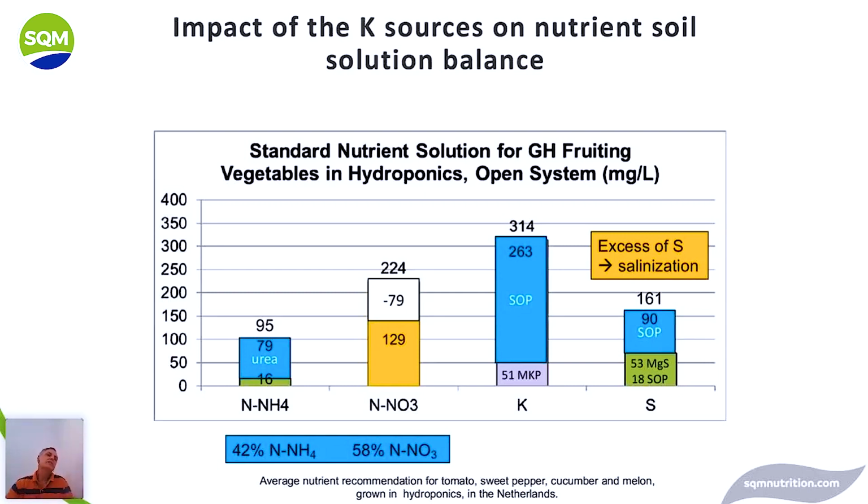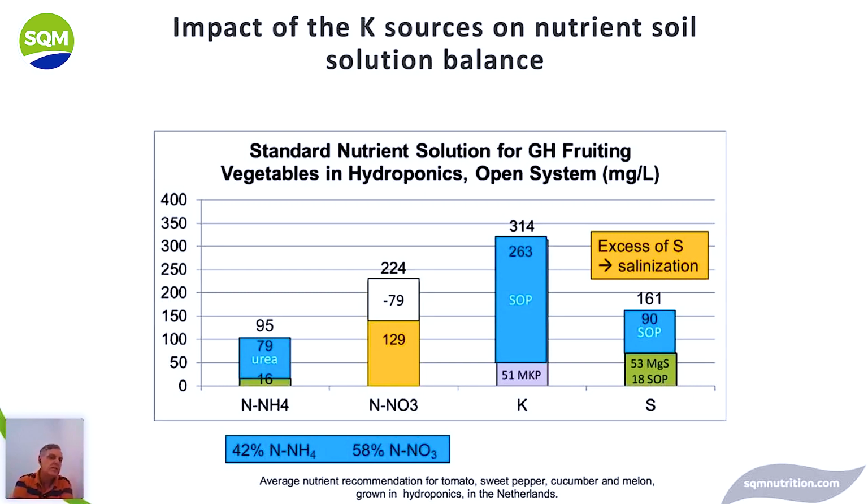But when we remove potassium nitrate, we remove as well the nitrate nitrogen that we are applying. Remember that we apply 79 units of nitrate nitrogen when you use potassium nitrate as source. Now we need to apply those 79 units with another nitrogen source.